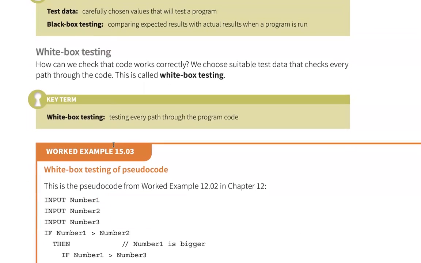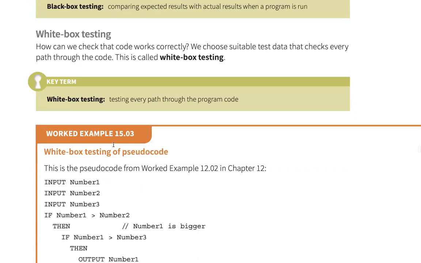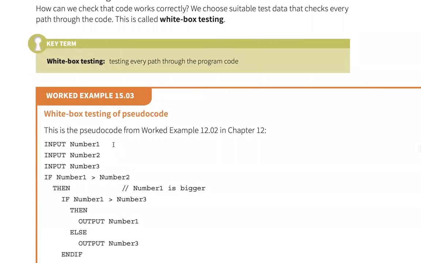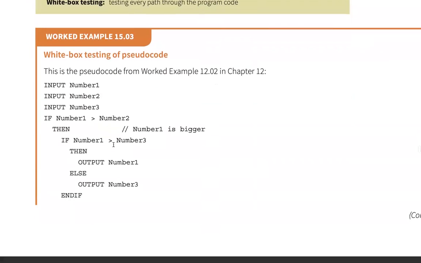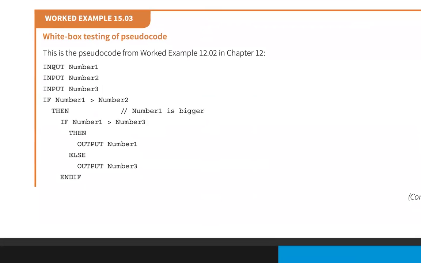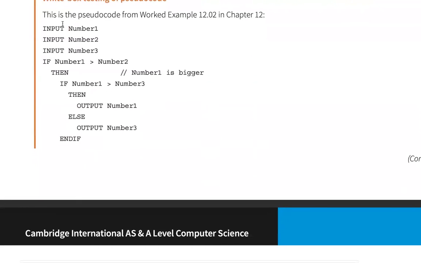On the other hand, if we are carrying out white box testing, that means the tester has access to the code, and they work through each part of the program code to try to highlight any possible errors. Let's look at an example in which we're carrying out white box testing. The program inputs three numbers: number one, number two, number three.